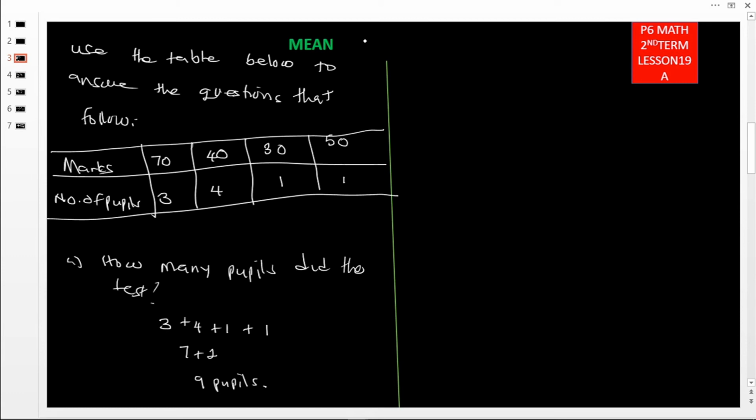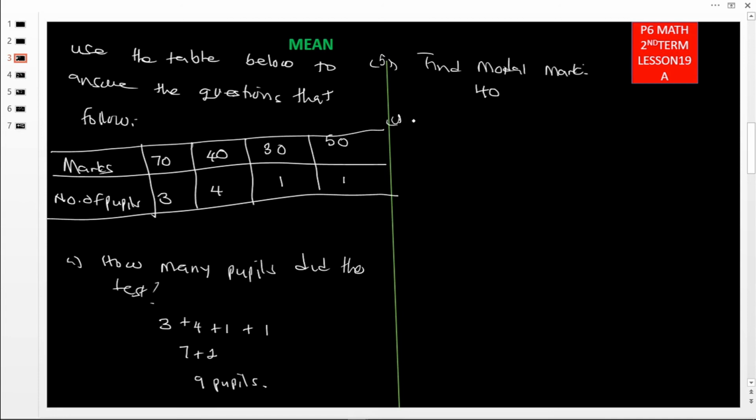Okay, let us get another question. Our other question here, it is part B, which is telling us to find the modal mark. Find the modal mark, meaning which mark appeared many times. When you look at this table, we are seeing 40 appearing 4 times, so the modal mark is 40.